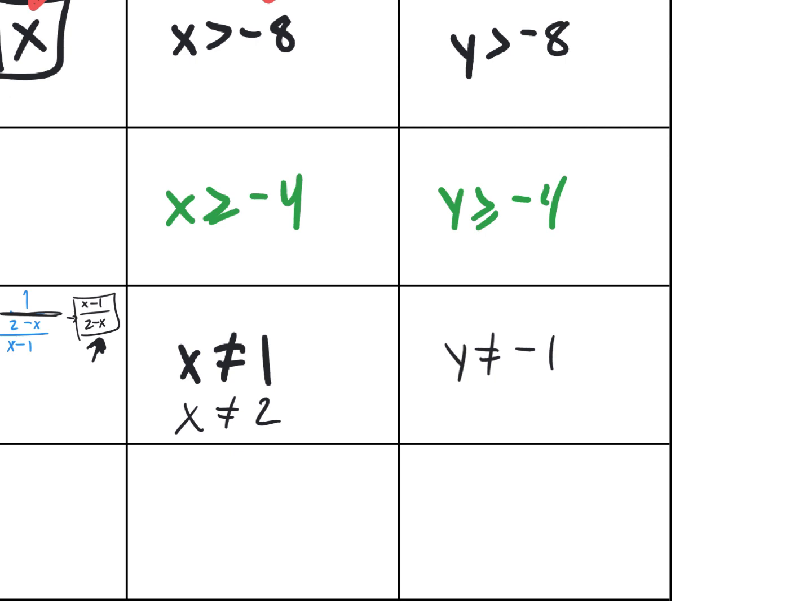I would say, though, that there probably is a value that I'm going to get out if I put in 1. And so, because I know that I can't put 1 in, I can't get out whatever I get when I put 1 in. Do you know what I'm saying? So if I put 1 in here, then I get 1 minus 1 is 0, and then 2 minus 1 is 1, so I get 0 over 1, so y also can't be 0 in this situation.